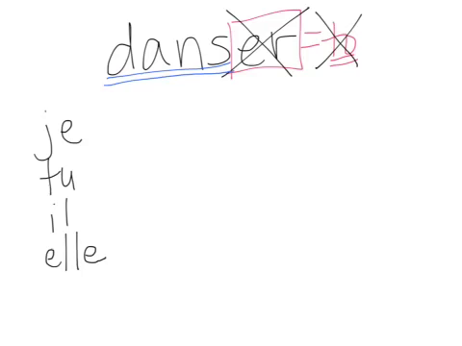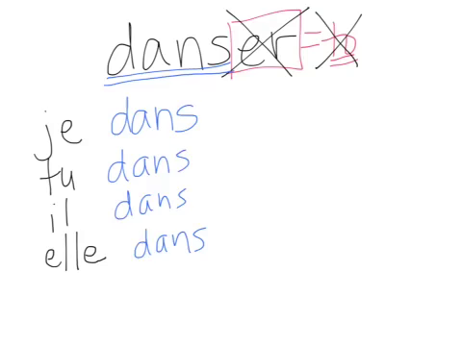For each of these, we're going to take that root of the verb, D-A-N-S, and copy it down for each of our subject pronouns. Then, for each subject pronoun, we need to find the correct ending that we're going to tack on to the end of our root. Again, that D-A-N-S is called the root or stem of the verb.